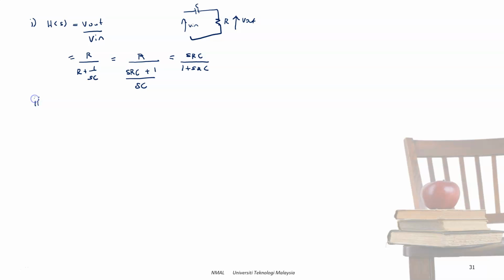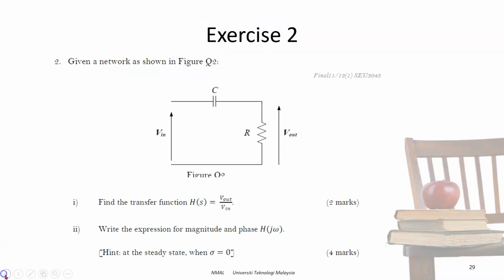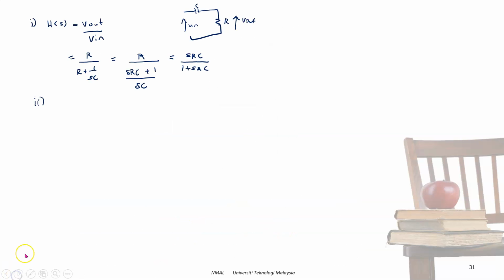And number 2, if you go back to the equation, we need to find the expression of magnitude, or in other words the expression of the transfer function in terms of H(jω). So we just have to change S to jω, because at steady state S equals sigma plus jω and sigma here is equal to 0.